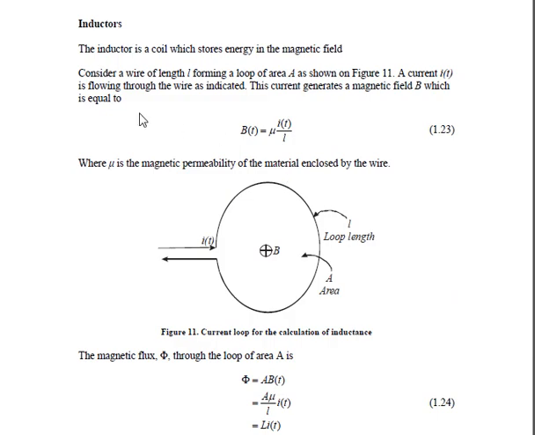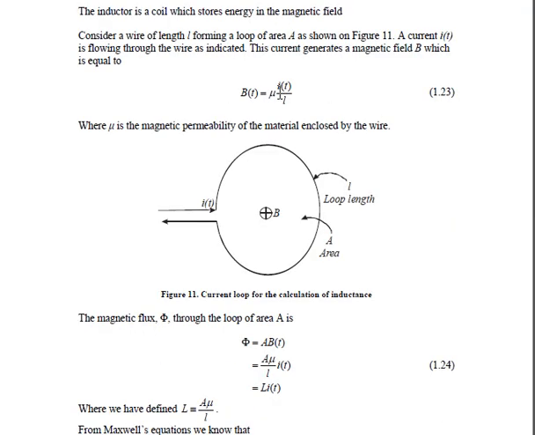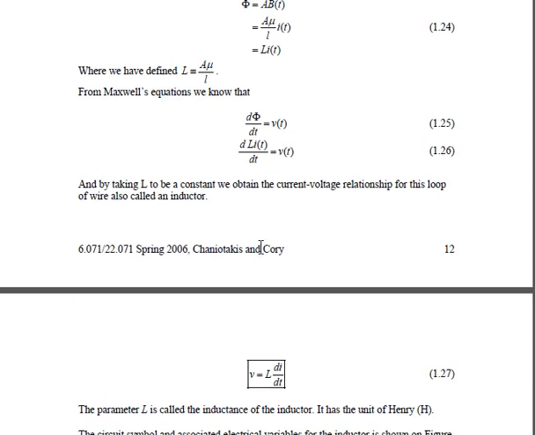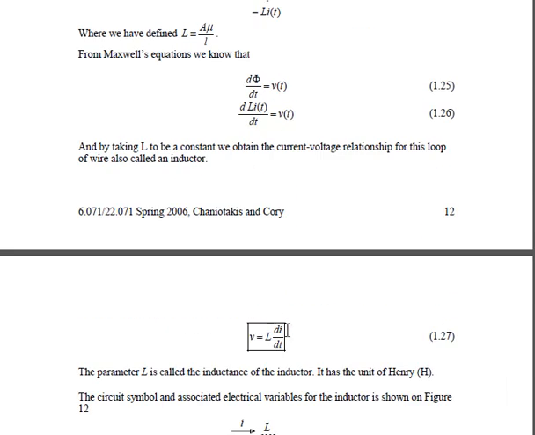Now we go to the inductor. These are just how inductors originated, so please read that one, but I will go through this equation here. The voltage across the inductor is equal to L di over dt. If you remember, for the capacitor, the current through it is equal to C dV over dt. Here, for the voltage across the inductor, it is L di over dt.